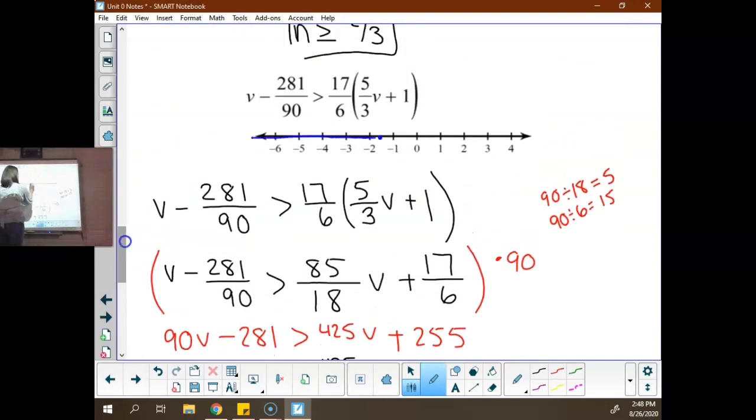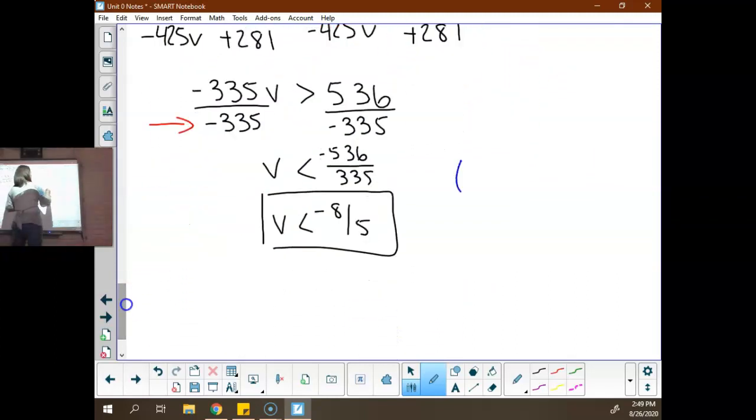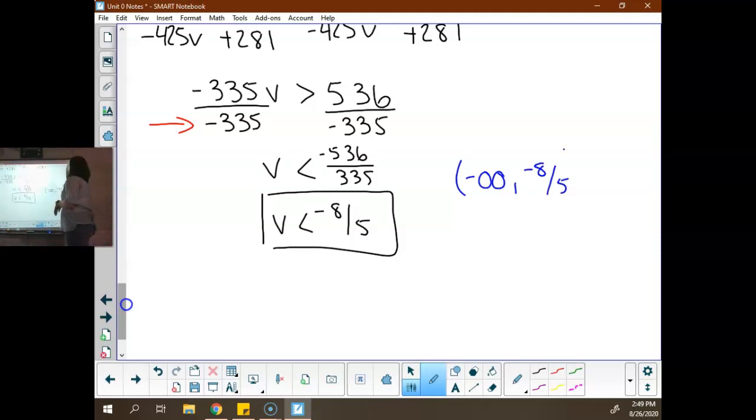So V is less than a negative 1.6. So I've got my inequality. Because it's less than, we're going to negative infinity. And because there is no equal sign, it means when we write our 8/5, instead of it being a bracket like we've done every other time, it's a parenthesis. That's all there is to inequalities.